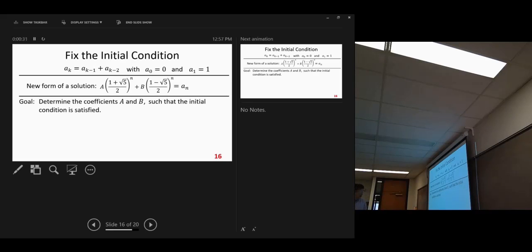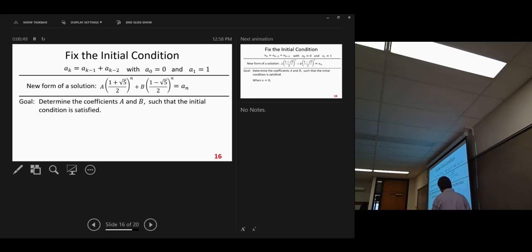Now you can plug in a number. Let's denote a_n equals that expression. What is a_0? a_0 equals 0. Let's plug in 0.